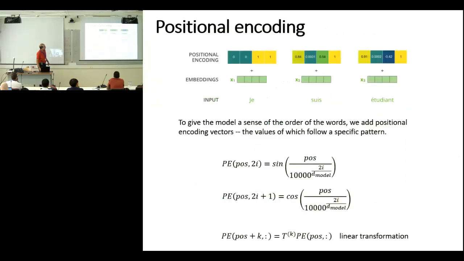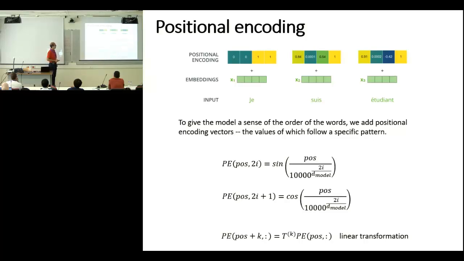One problem is the following. In languages and in speech, the position of one word in the sequence is important. For example, the position of this article here or somewhere else makes a difference because the context is important in languages.